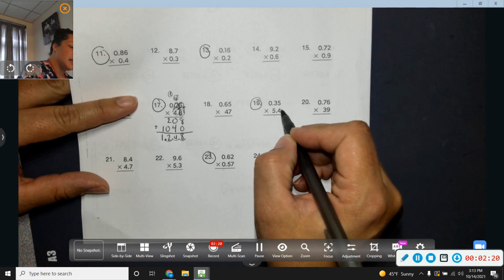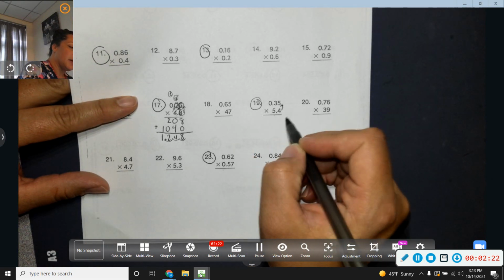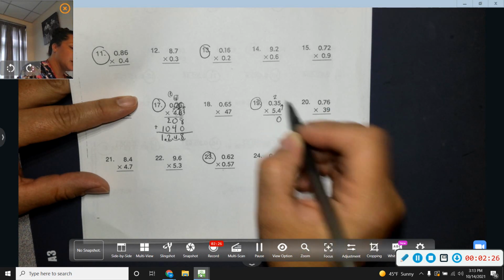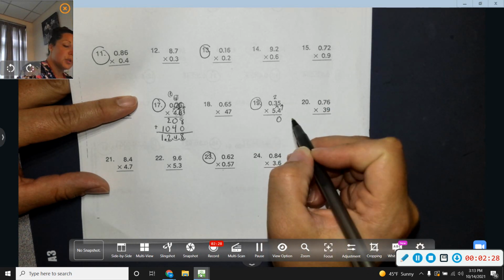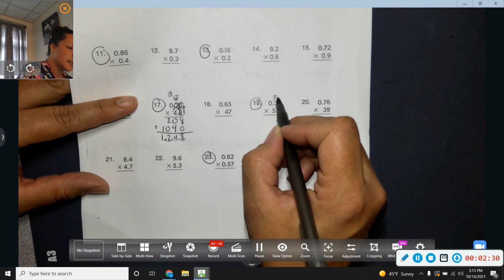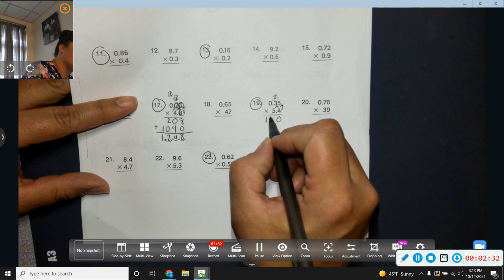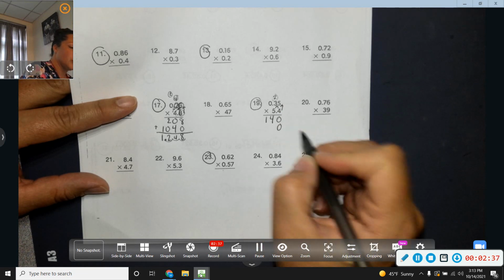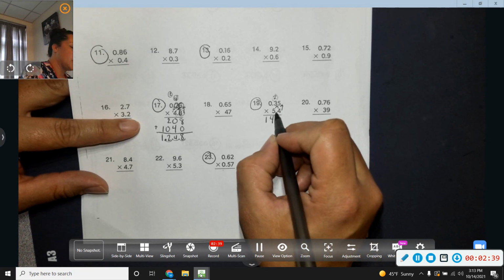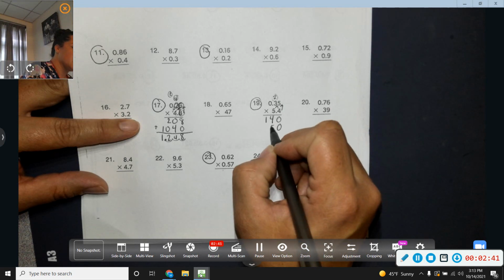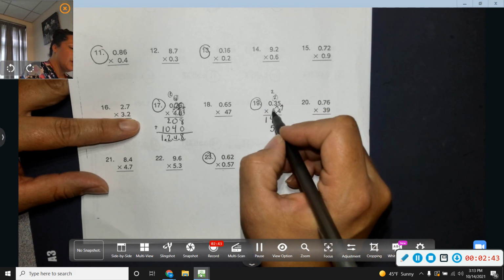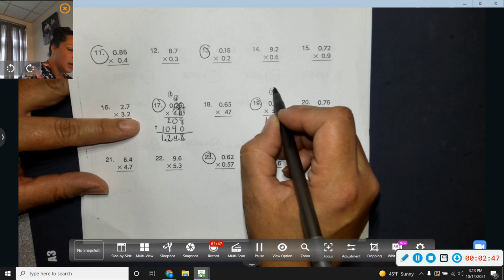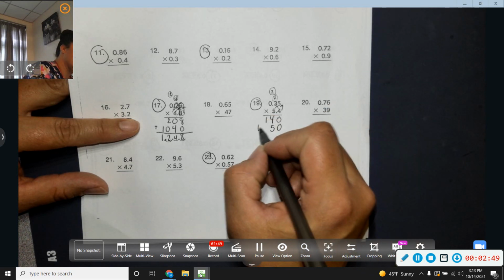Number 19. I need to multiply my 4 through first. So 4 times 5 is 20. Carry my 2. 4 times 3 is 12, plus 2 is 14. I'm done with my 4, put my placeholder 0. 5 times 5 is 25. 5 times 3 is 15, plus 2 is 17.